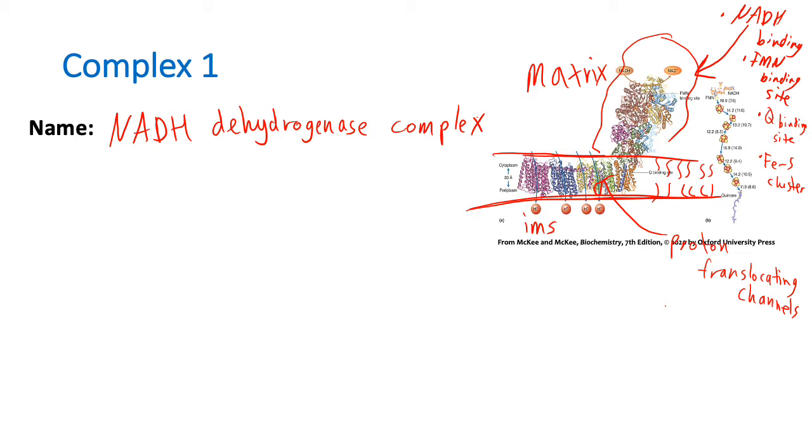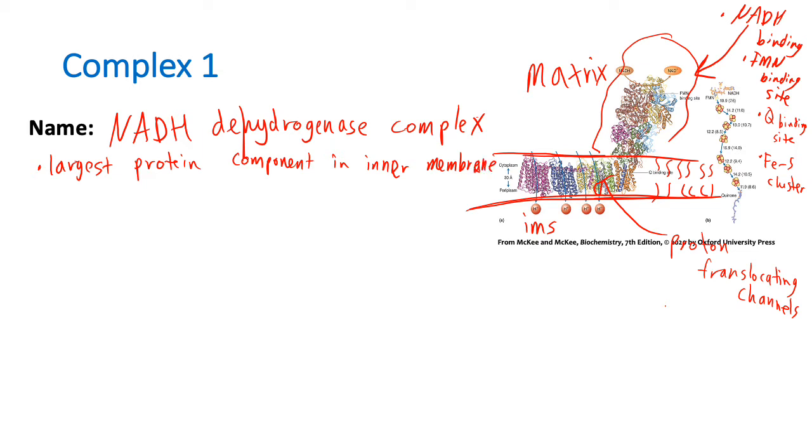Now let's take a little bit deeper look at what's going on. This is the largest protein component in the inner membrane. So it's larger than complexes 2, 3, and 4.